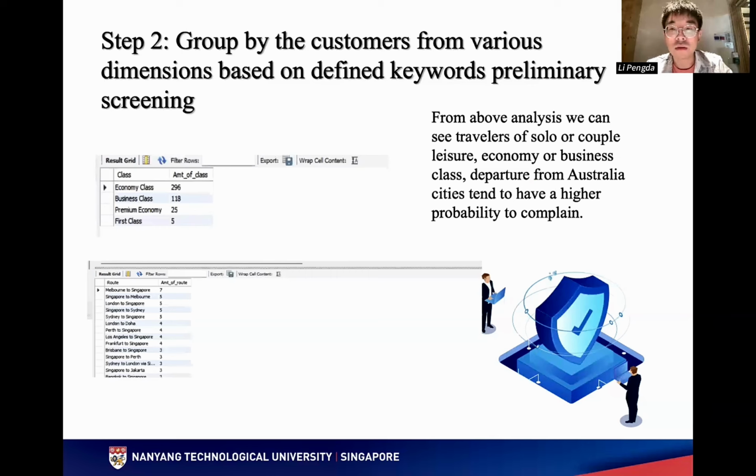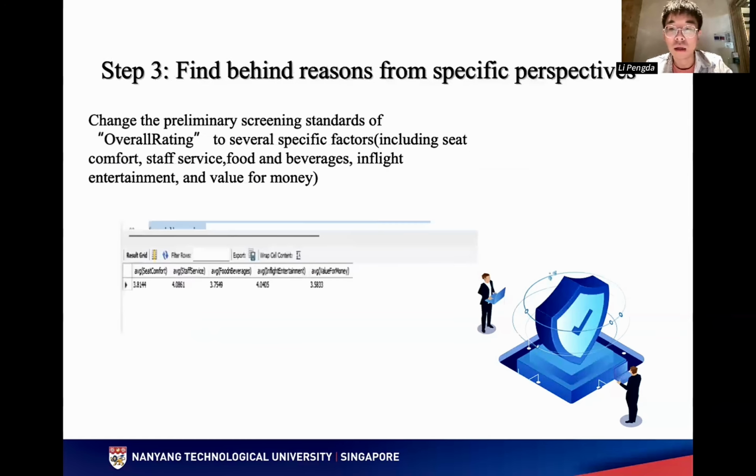From above analysis, we can see that travelers of solo or couple leisure, economy or business class, departing from Australian cities tend to have a higher probability to complain. Next step, we try to explore the reasons behind.